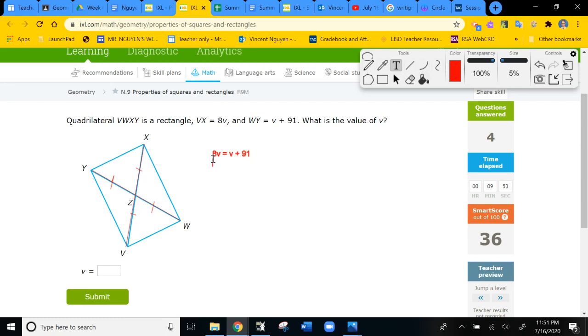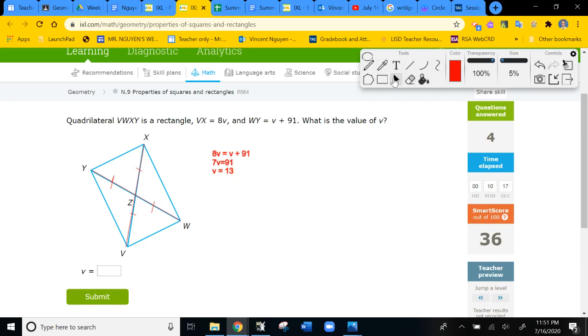Then I subtract 1V from the right hand side and get 7V equals 91. Then I divide 91 by 7. V equals 13.